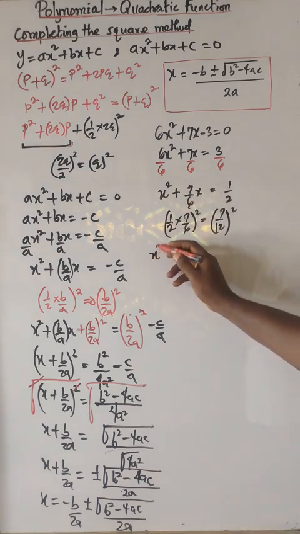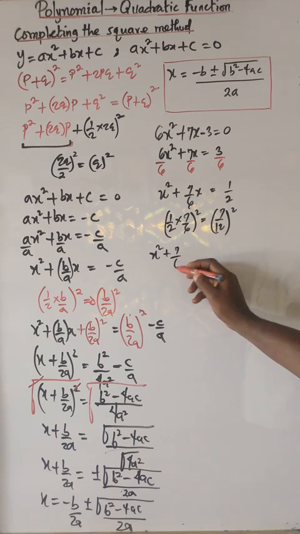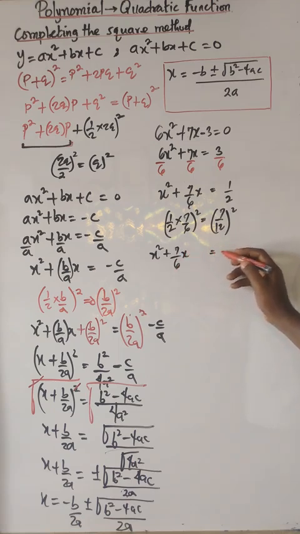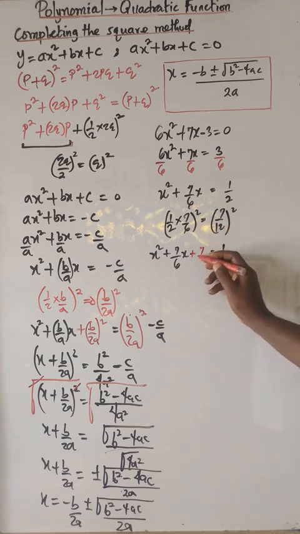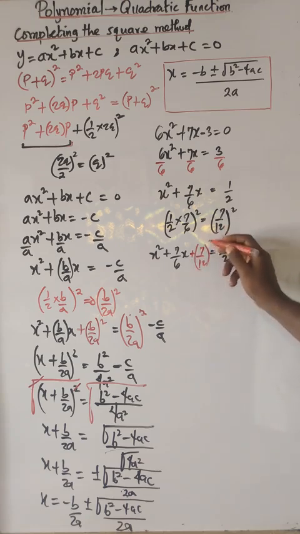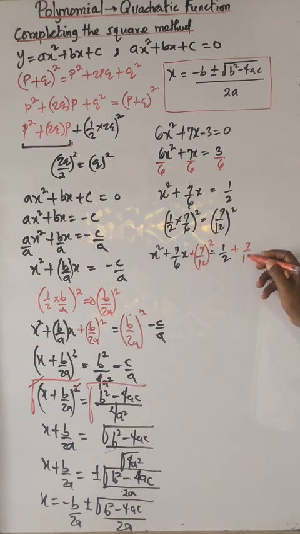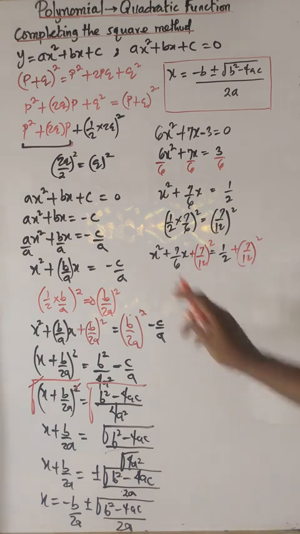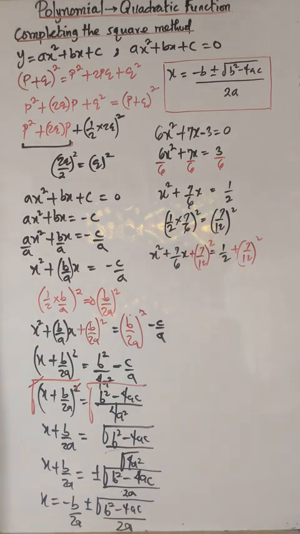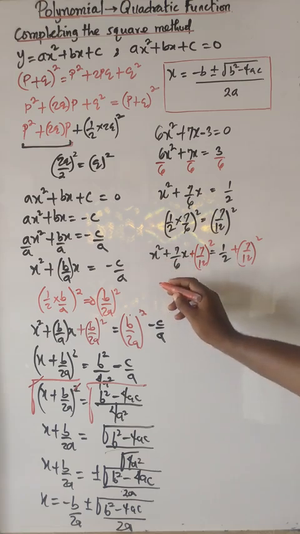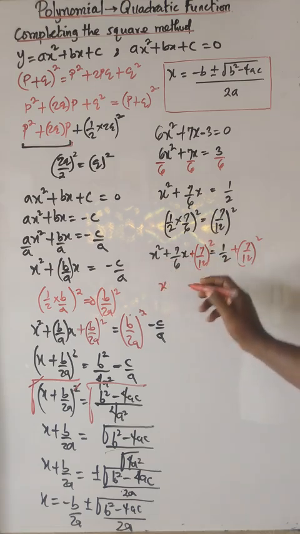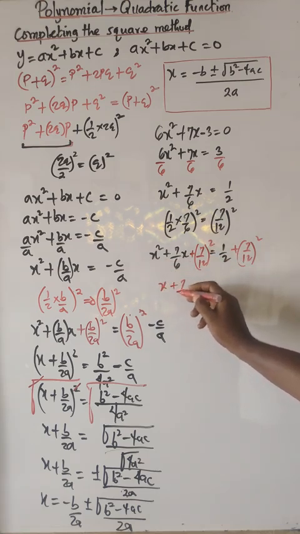Originally we have x squared plus 7 over 6 x equals 1 over 2. But this time we are going to add this fraction, that's plus 7 over 12 all squared on both sides. So this is now a complete square. After completing the square, what carries the square here is x, and what carries the square is 7 over 12, and it's positive.